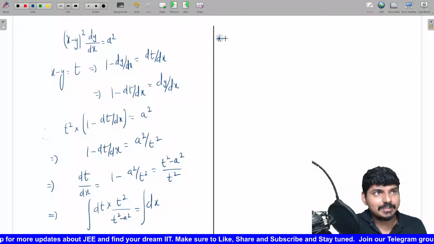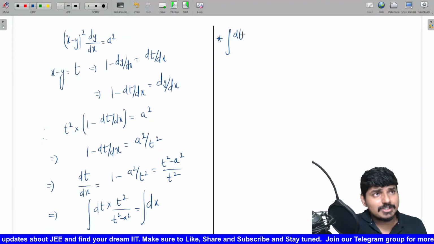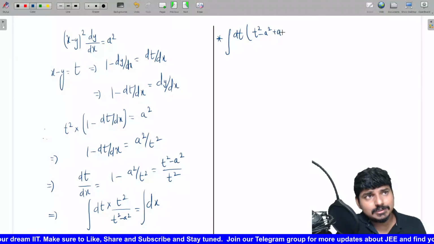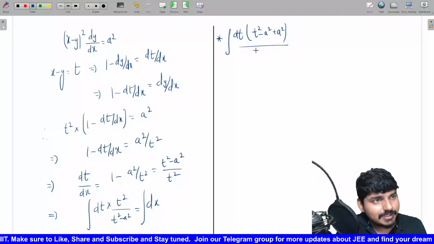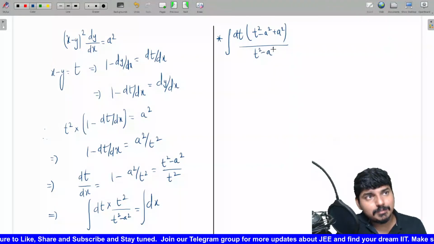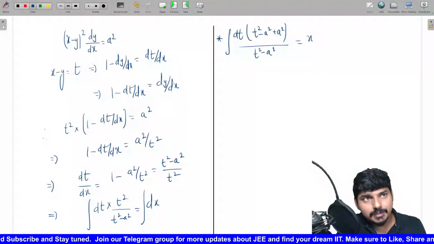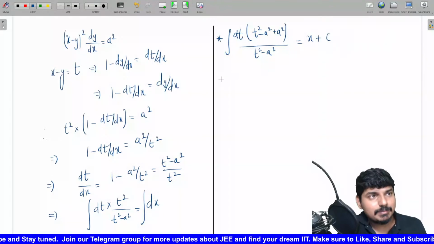The left hand side integration is very simple. So integration dt into t square is there. No, let me do one thing. Let me subtract and add a square in the numerator, whole divided by t square minus a square, is equal to, integration dx, which is going to become x plus c. So let me do this for you.